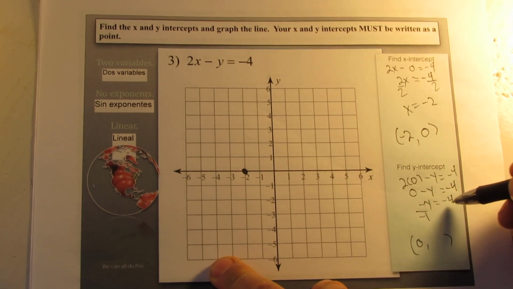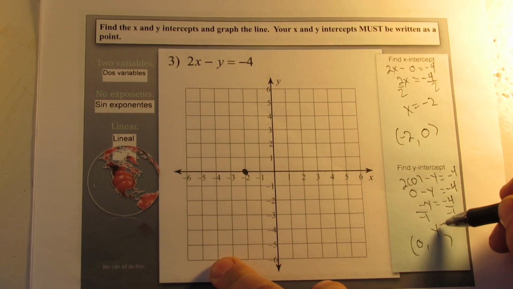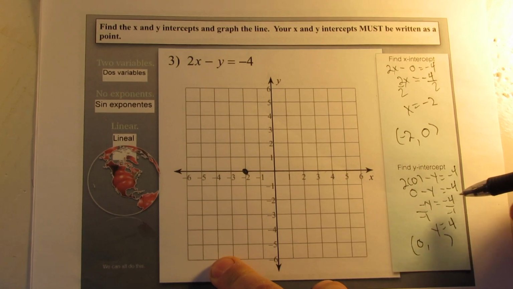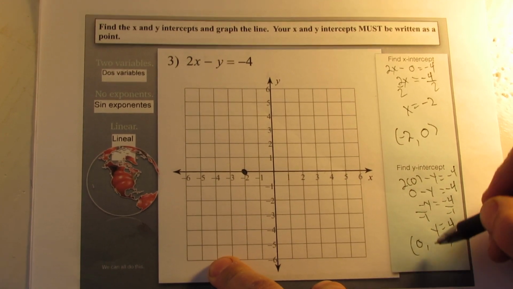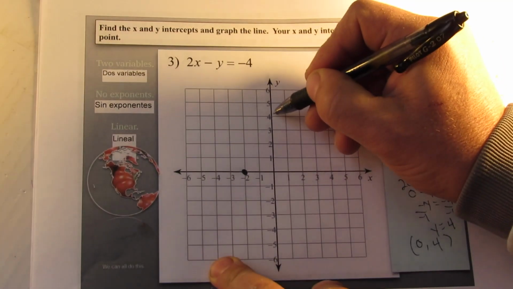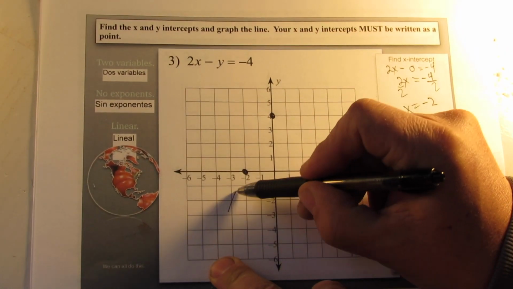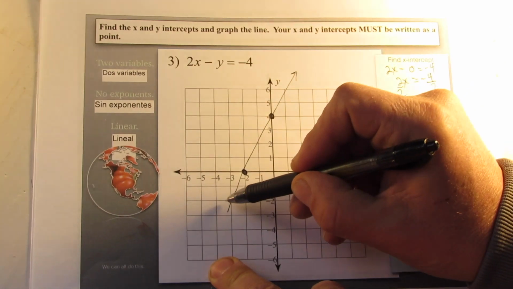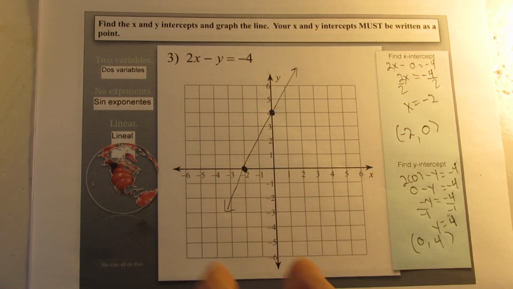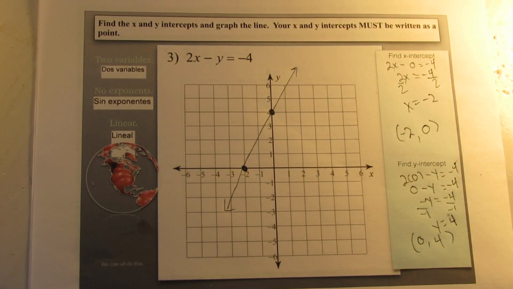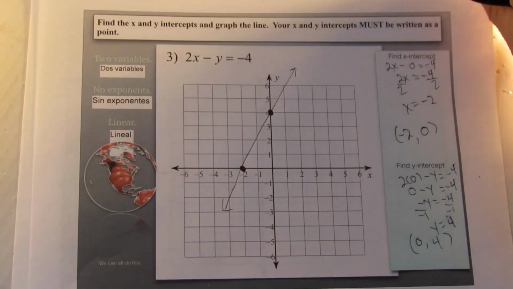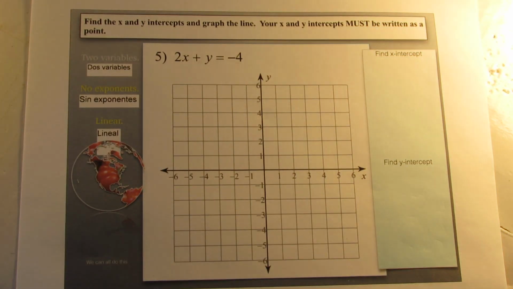We'll divide by -1 and get y equals +4. Negative divided by negative, of course, is positive. So 0, 4. Again, we've got those two intercepts. Once we have those, you can simply draw your line. Pretty simple stuff with a little bit of practice, and that's what I have for you today.